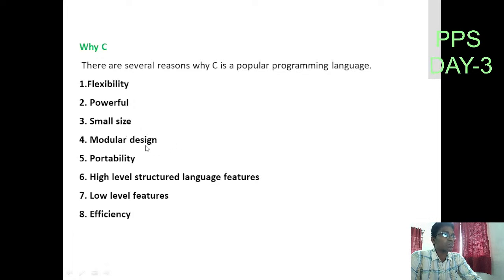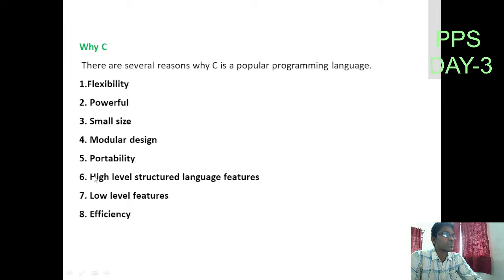And the next one is modular design. That means you can follow modular programming in C programming, especially in the functions concept, where we use a modular design for writing the calling function and the called function in C programming.